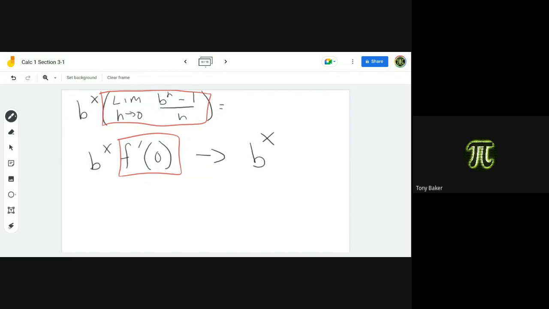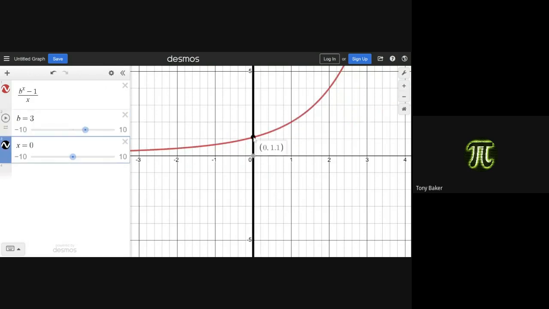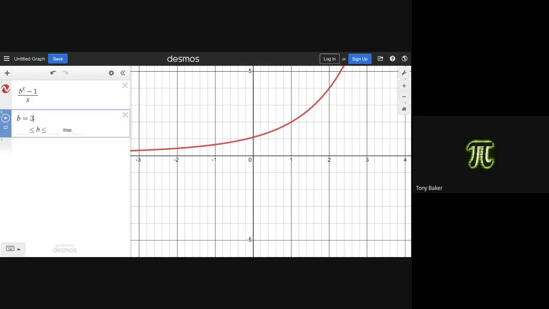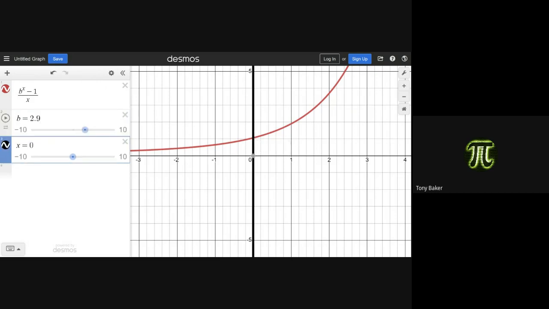All right, so let's come down from 3. Let's do 2.9. It's getting closer. So if we start off at 3, we're right about there, right? So 2.9, we're getting closer.